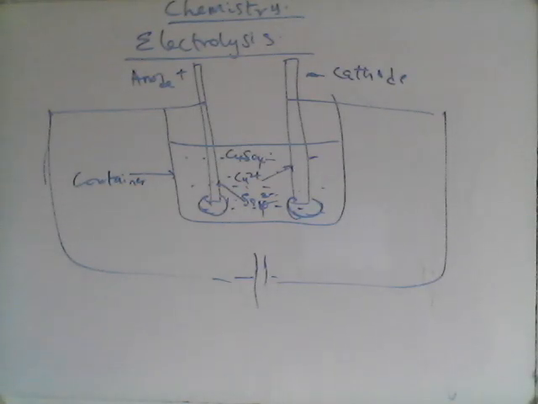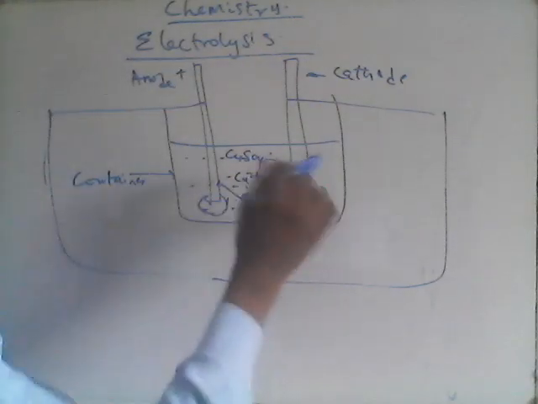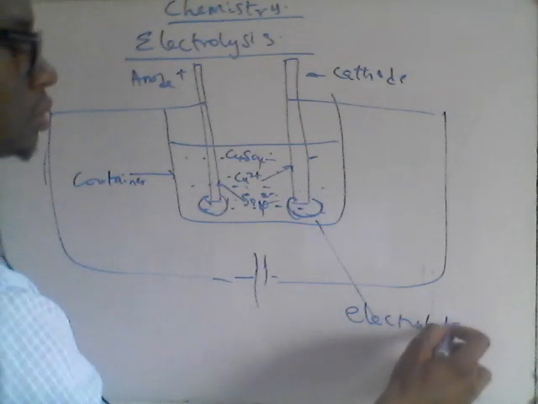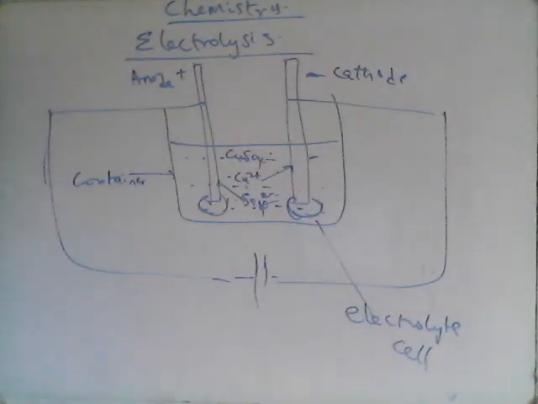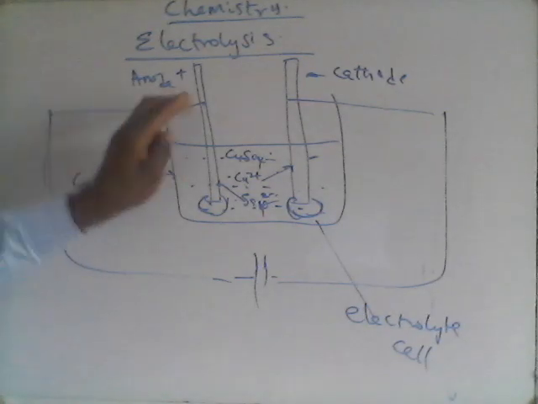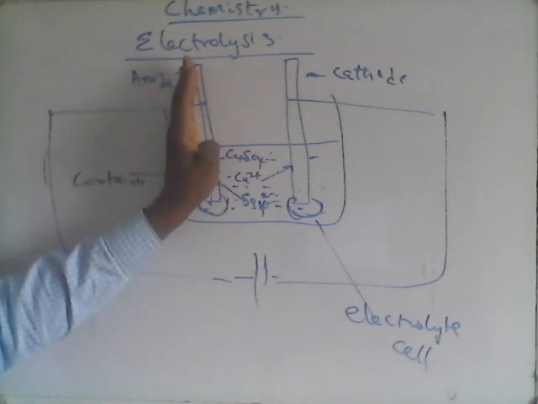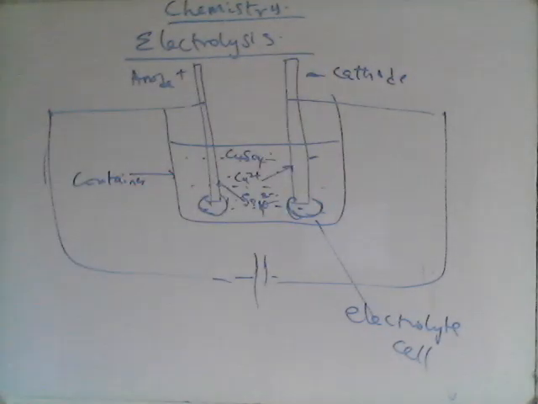Like I said, electrolysis occurs in an electrolytic cell. So this is called an electrolytic cell. It consists of two electrodes. One electrode is called the anode, positive charge, and the negative one is called the cathode.